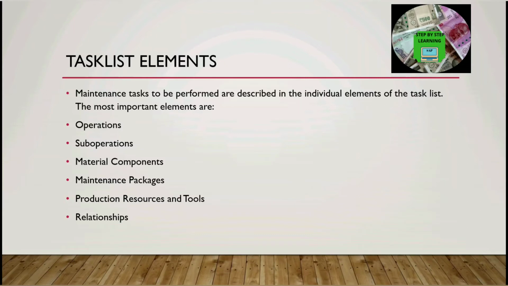So that will create automatic reservations if you enter these material components in the task list with respect to the operations. So while the order is generated and released, that will create automatic reservations.